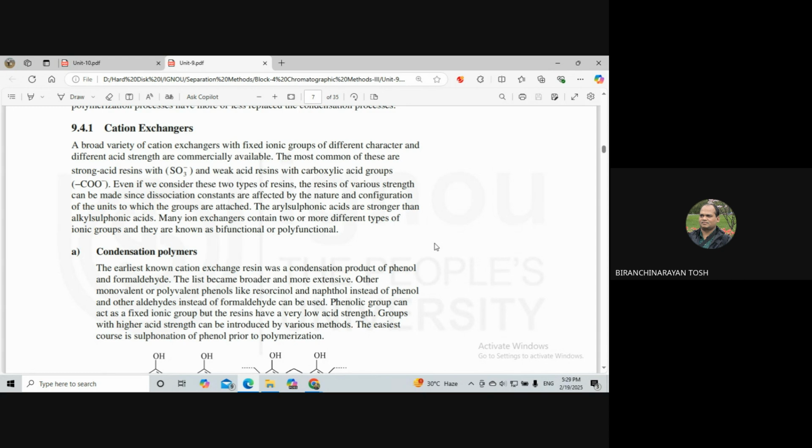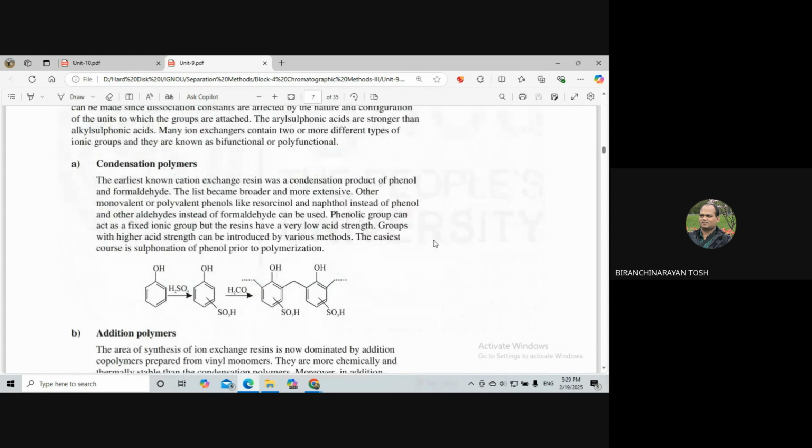Even if we consider these two types of resins, resins of various strength can be made, since dissociation constants are affected by the nature and configuration of units to which the groups are attached. Many ion exchangers contain two or more different types of ionic groups, and they are known as bifunctional or polyfunctional.